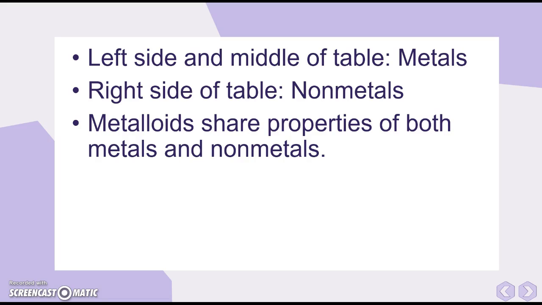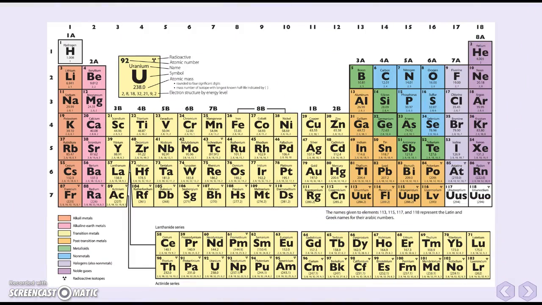In the middle, the ones that share properties of both sides, are what we call the metalloids. And I'll show you where those are in just a second. Now, where are these on the periodic table? Well, on your periodic table, and even on this one here, starting with boron and going along here is this little stair step.